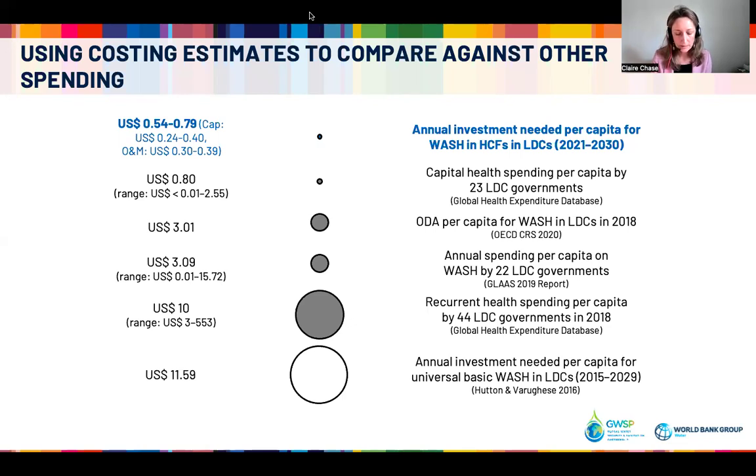So I think this has been, as I said, very valuable information and data for us to be able to have these conversations, but it can only get us so far. And I think that's some of the challenges that we have faced. Now that we have this evidence, we have countries asking us, well, how much does it cost in this country to achieve universal access? So we need to take this evidence forward, not just for the least developed countries, but many other countries that have very low access, that are not in that category.